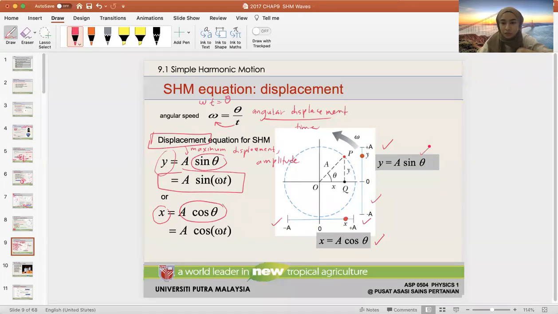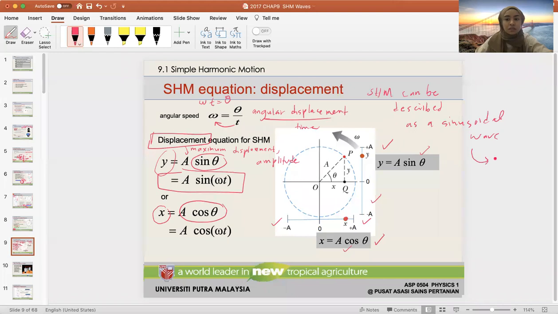Okay, so this is the equation. A simple harmonic motion can be described as a sinusoidal wave. What is a sinusoidal wave?